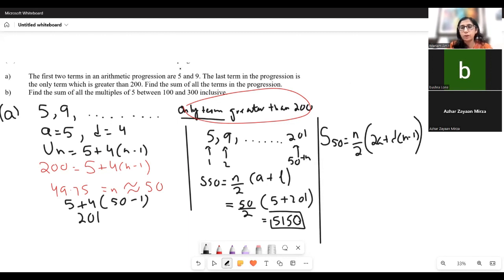Substitute all the values: n would be 50, a is 5, d is 4, and we'll get the same answer, 5150. So that is how you were supposed to do part A.